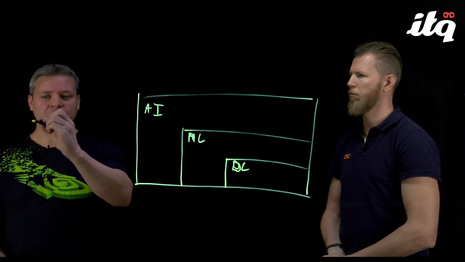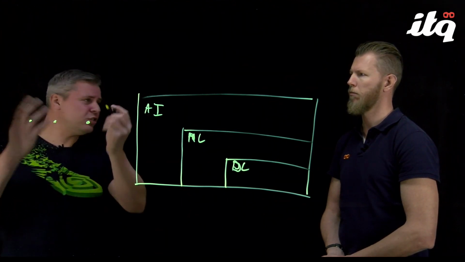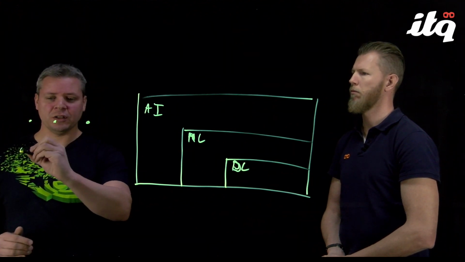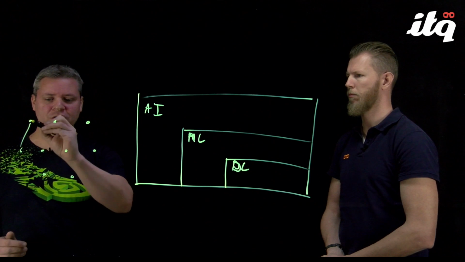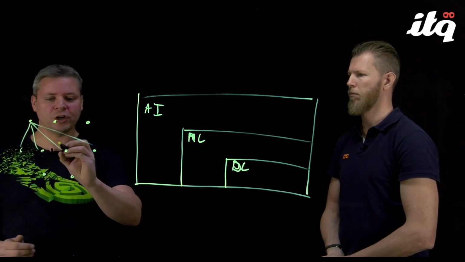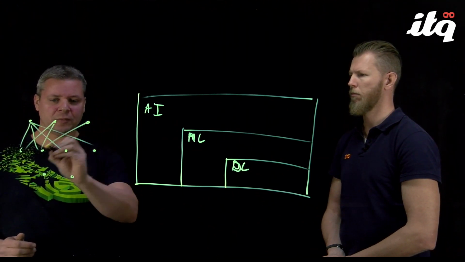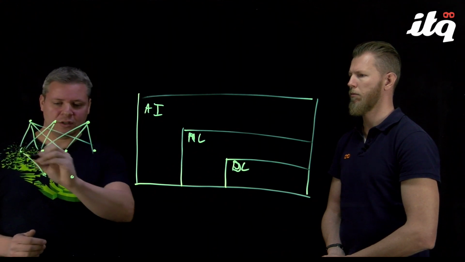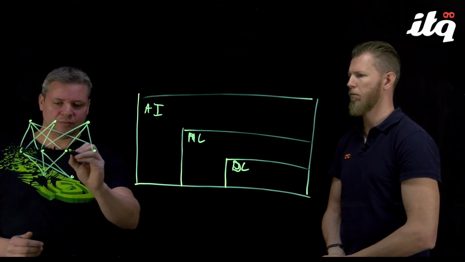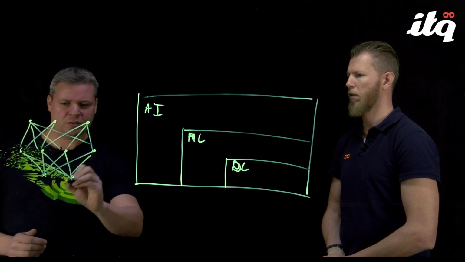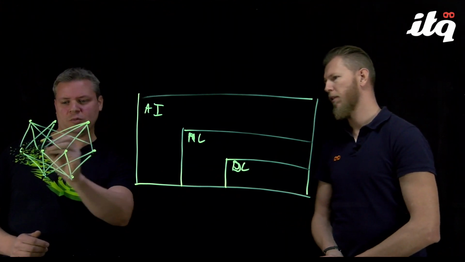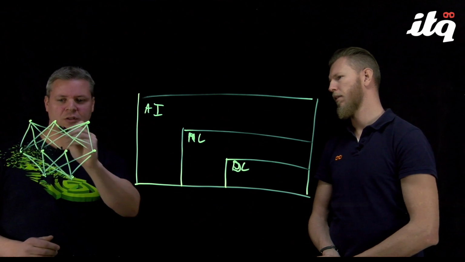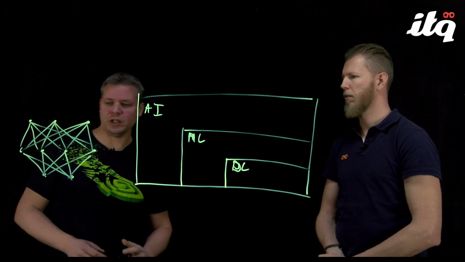So let's take these neurons in a brain, and we have, of course, multiple neurons, and there are connections between all these neurons.